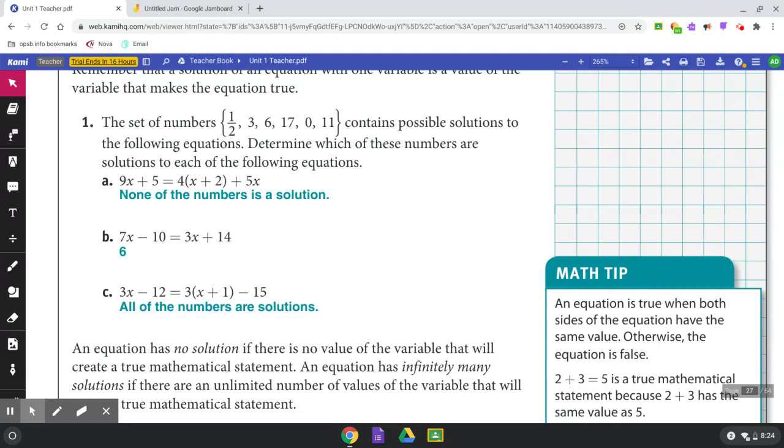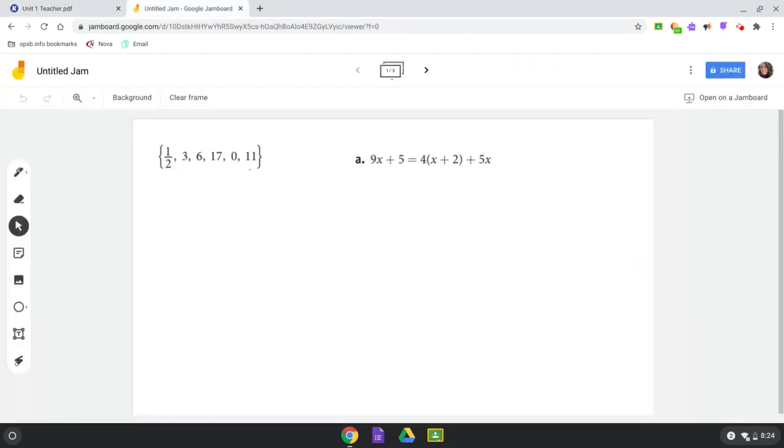So I turned this over and I snipped these into a Jamboard so that I can have more space to write. All right, let's get started here. So it's asking which of these values in this set is a solution? What would make this equation a true statement?